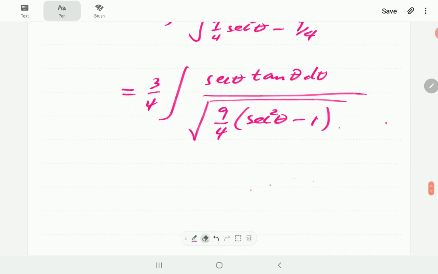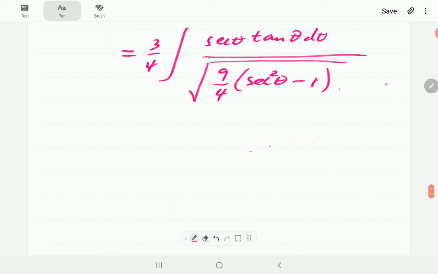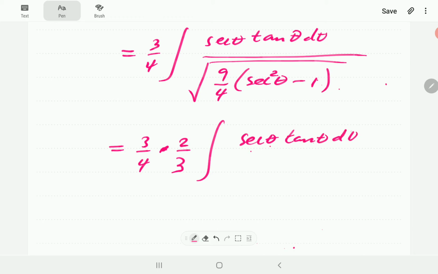Then we can take this out of the square root by evaluating square root 9 over 4, which is just going to be 3 over 2. But since it's in the denominator, if we bring it here, it's going to be 2 over 3. Secant theta tangent theta d theta.